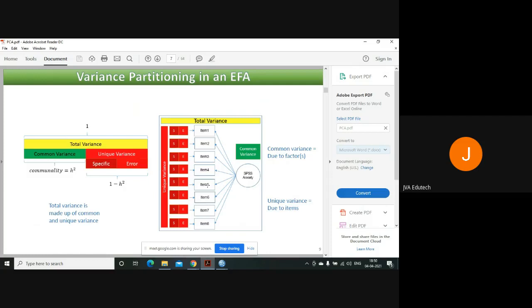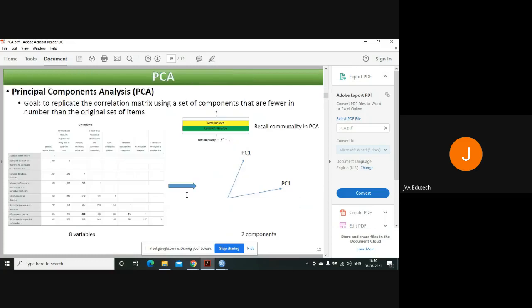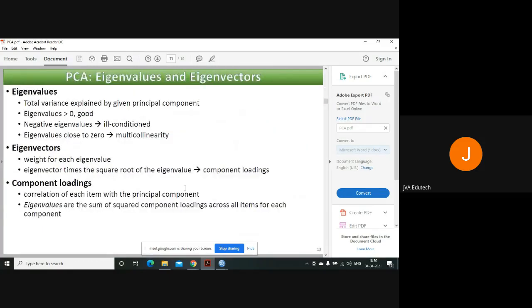Based on the variance partition, you will decide whether you should go for principal component analysis or exploratory factor analysis. The first step in factor analysis is factor extraction, and the second one is factor rotation.